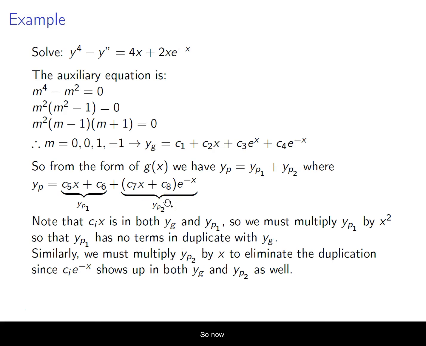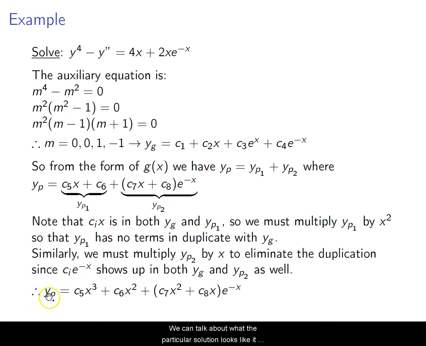Now we can talk about what the particular solution looks like. It looks like this, right? That first part is multiplied by x squared, so it looks different from this now, and this is multiplied by x, so that it looks different from this. We have to get rid of the things that look the same, and we do that by bumping them up by powers of x.